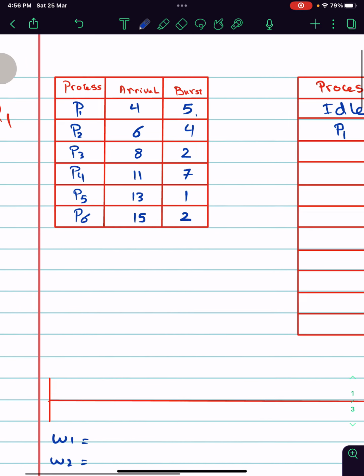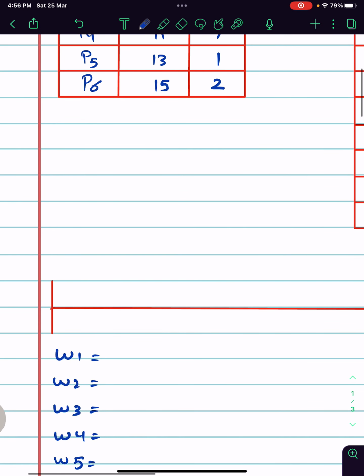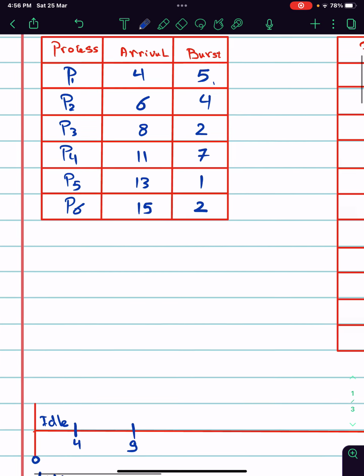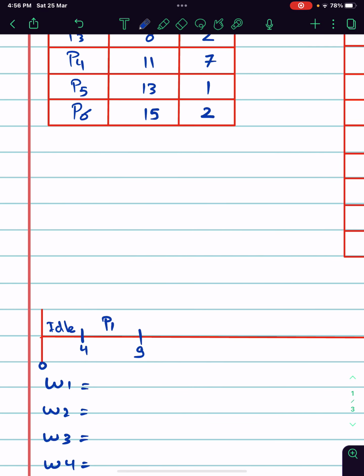Okay. Let's draw that. So from 0 to 4, it's idle. And then process 1 is going to be working from 4 all the way to 9, I believe. Yes, here's P1, and P1 is done.